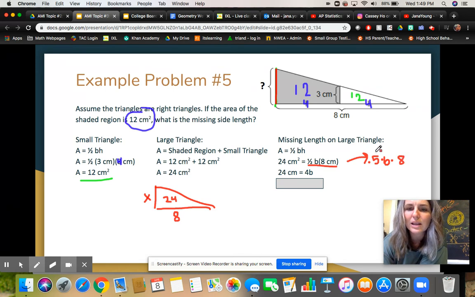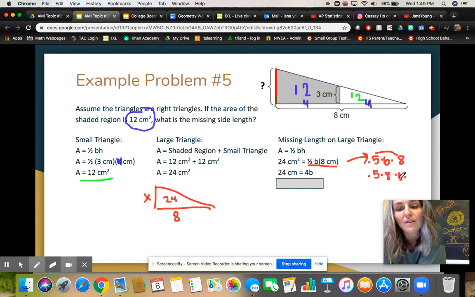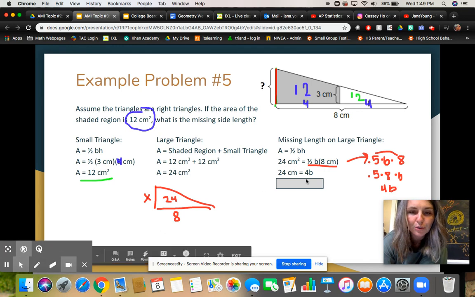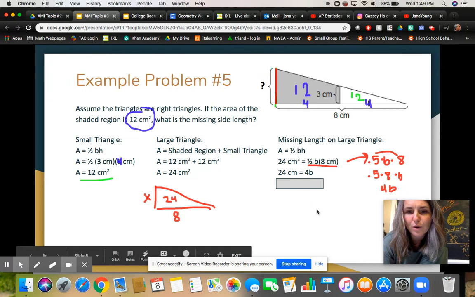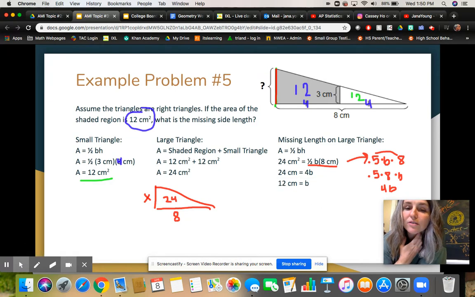And we really want to be able to multiply these two, and we can because of the way the commutative property works. We could rewrite this as 0.5 times 8 times b, and I know I didn't write 1/2, I wrote 0.5, it's because I'm lazy. And then half of 8, or 0.5 times 8, that's just 4. That's where that 4b is coming from, okay? So you get 24 equals 4b, and you divide by 4, and you end up with b is 12.